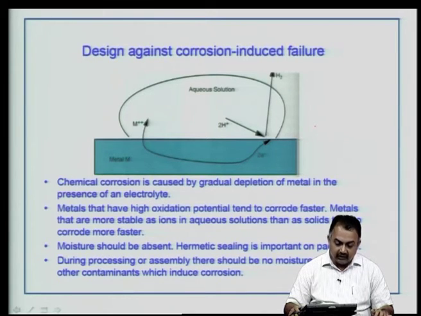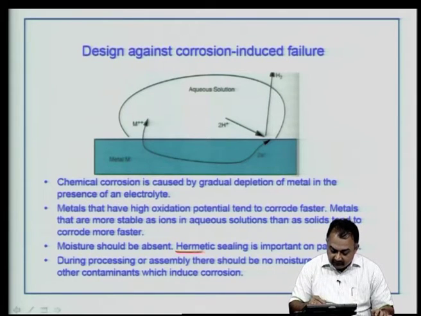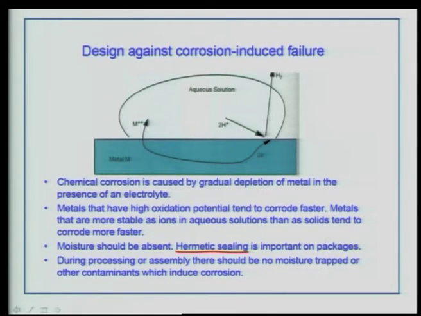Corrosion is a very typical thing that can happen in these systems, because you are using different materials. Today components are also absorbing moisture because of the material. So, hermetic sealing is very important on packages. Try to use hermetic sealing. There should be no moisture trapped or other contaminants during the process. Drying is very important.